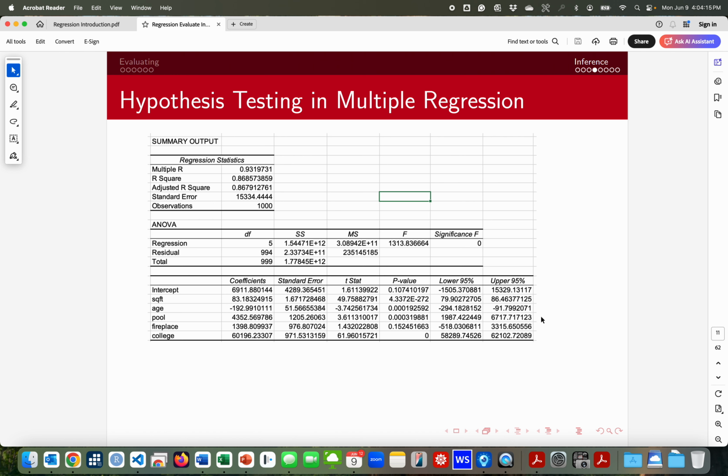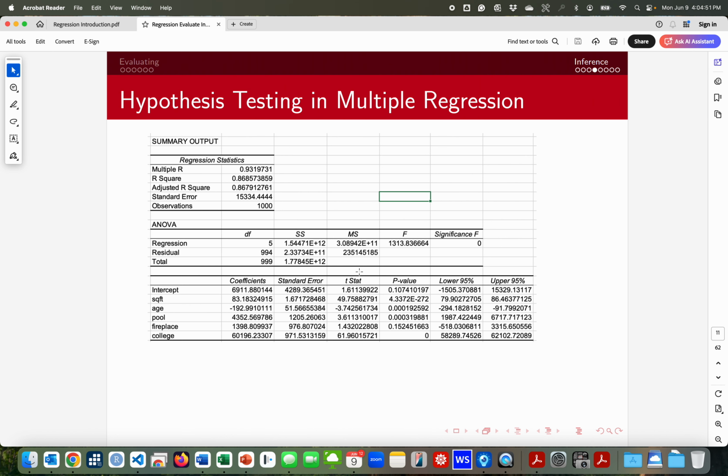So with 95% confidence, we believe the true effect of having a fireplace on sales price is somewhere between negative 518 to positive 3,315. So 0 is in the interval, and we cannot reject the null hypothesis with 95% confidence for fireplace. So whether the home has a fireplace or doesn't, the house may or may not sell for a higher amount. Then college has a p-value of 0, which is highly, highly significant.